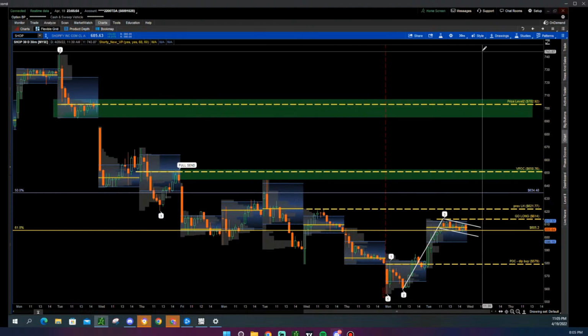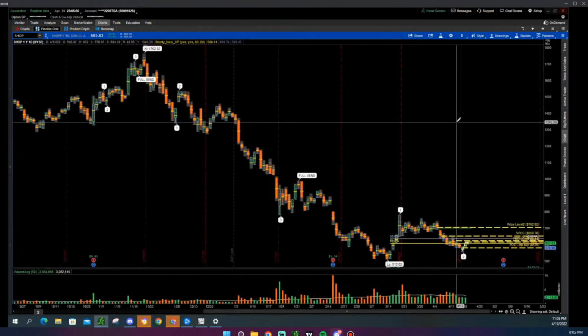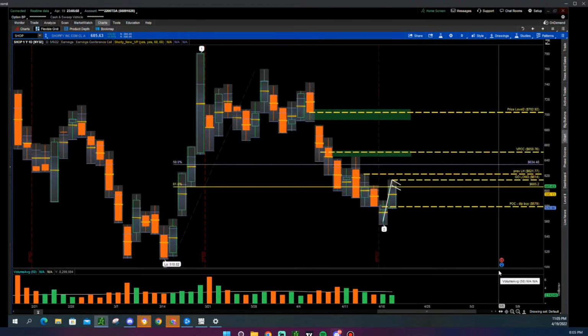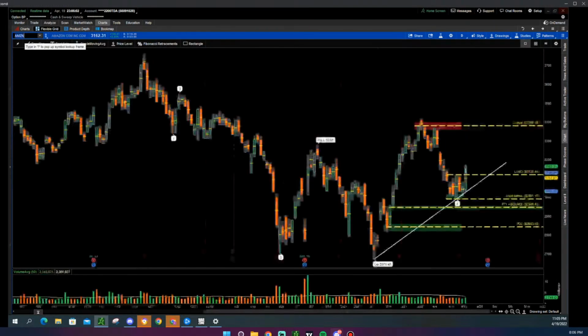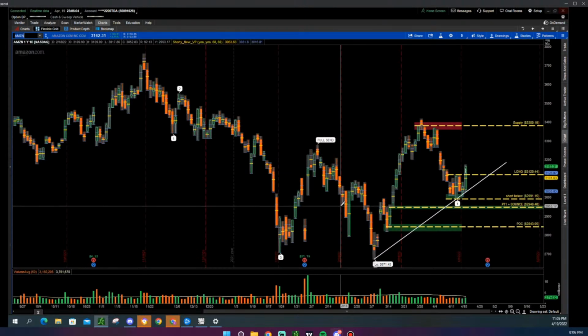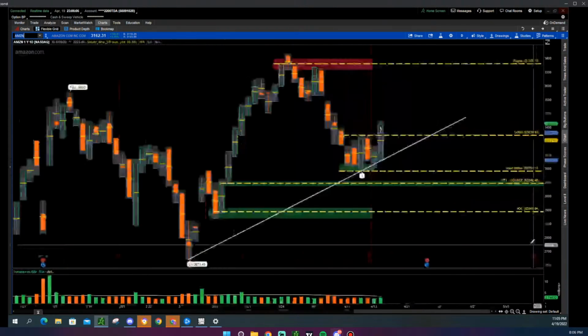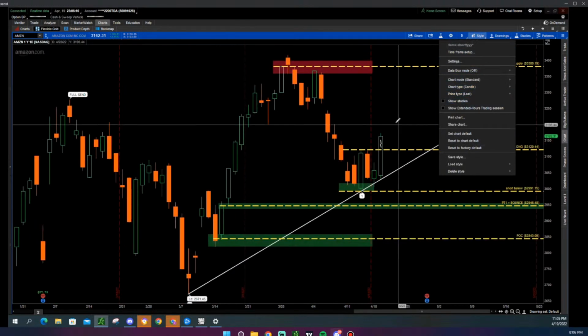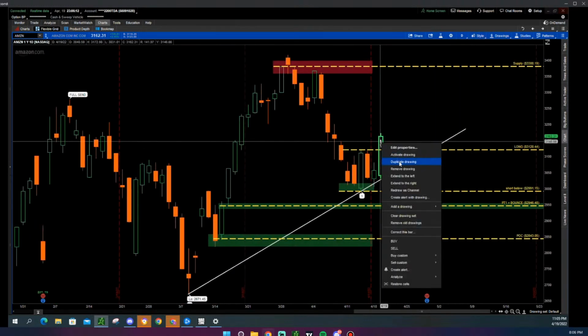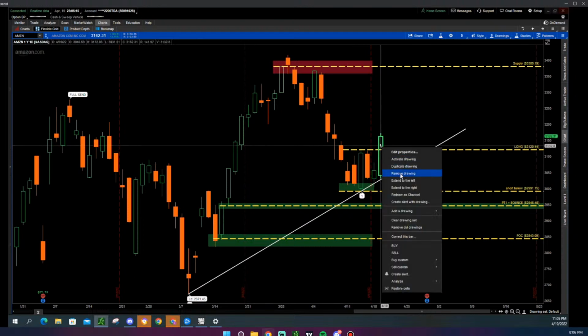Yeah, this is pretty good. See how it looks. A lot of same setups everywhere. What a candle. I see that. That's beautiful.